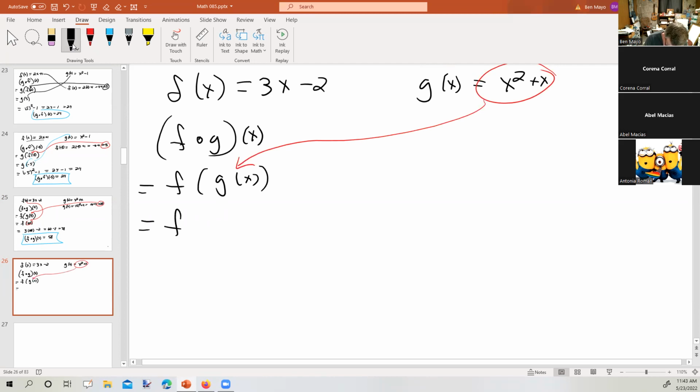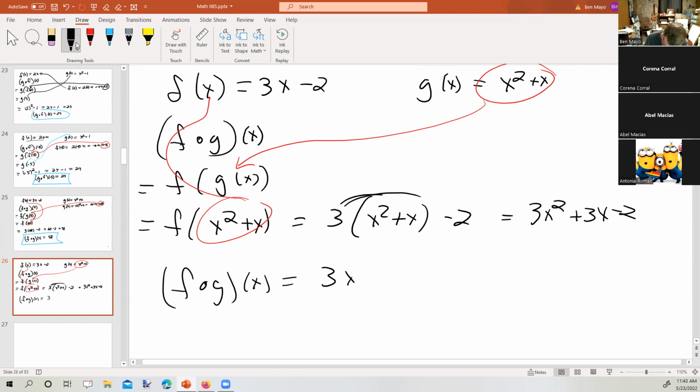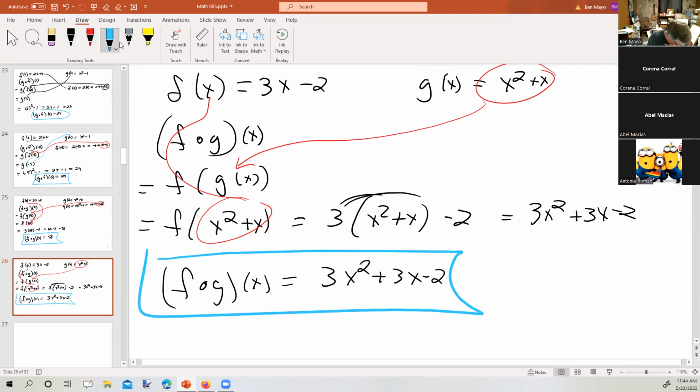So that's equal to F of x squared plus x. But then that's going to go up there. So that's equal to 3 times the quantity x squared plus x minus 2, which is 3x squared plus 3x minus 2. So F composed with g of x equals 3x squared plus 3x minus 2.